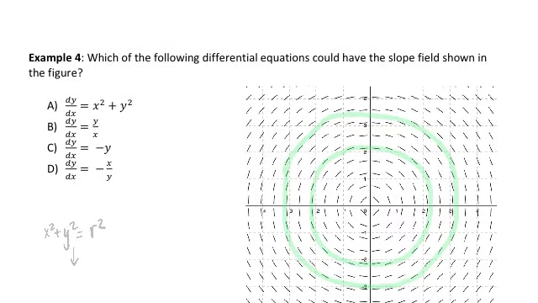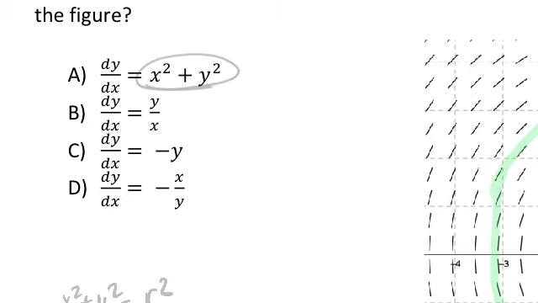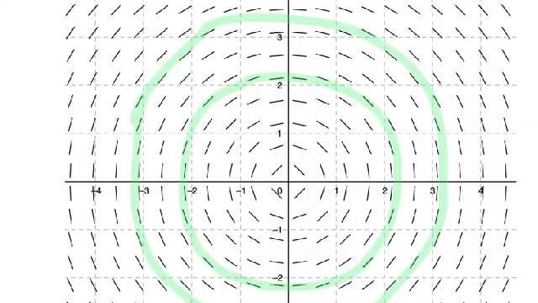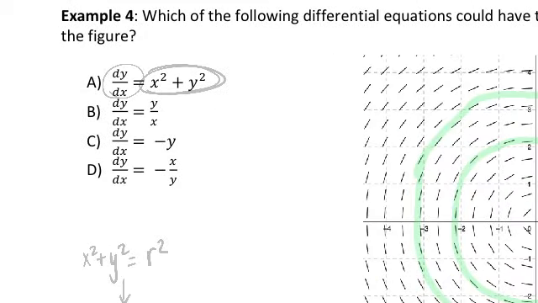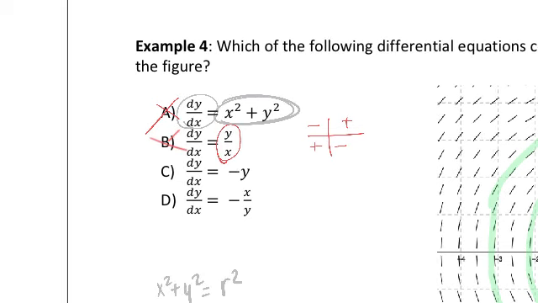But another way to go would be just to think through the strategies we just talked about. So here, this is all positive. All the slopes would have to be positive. I can see that some of my slopes, like here and here, are negative. So it couldn't be A. This one right here would have to be positive in the first quadrant, negative in the second, positive in the third, negative in the fourth. And let's see, these slopes are negative in the first quadrant, so that one's out.